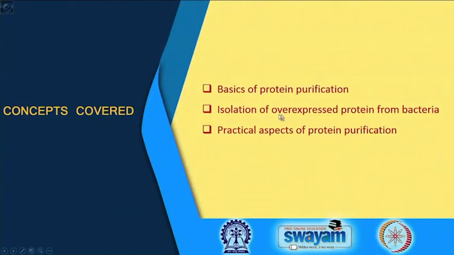That has several advantages. We will talk about recombinant DNA technology in some other lecture, but since we use that, we can purify our protein of interest from a bacterial system where the protein is overexpressed. So, today I will mostly focus on isolation of such overexpressed protein from bacteria.